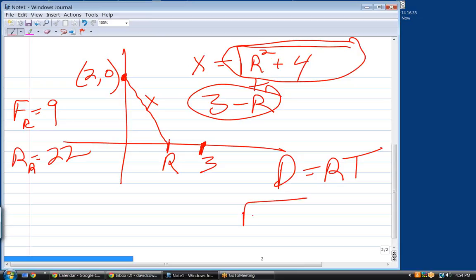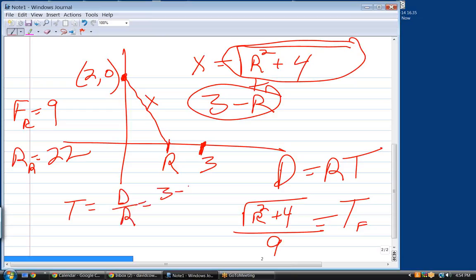So I have the square root of r squared plus 4 divided by his ride rate, which is 9. So that's the time he spends going through the field. The time he spends going on the road is d over r. D is 3 minus r. The rate is 22. So that's the time he spends on the road. That's the time he spends driving through the field.